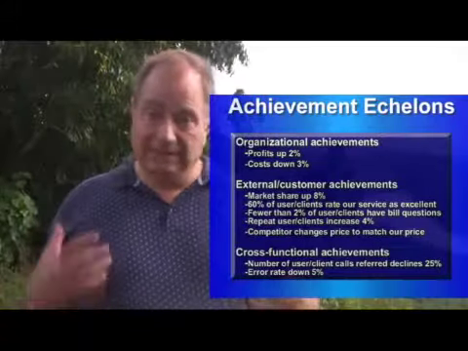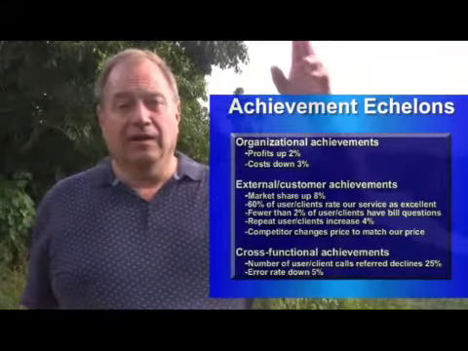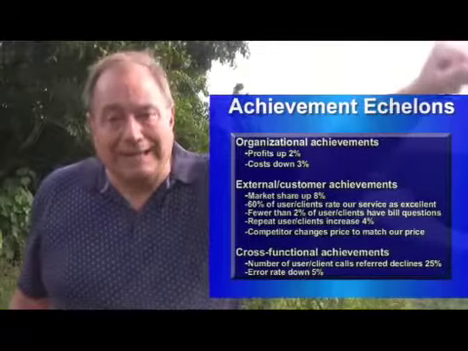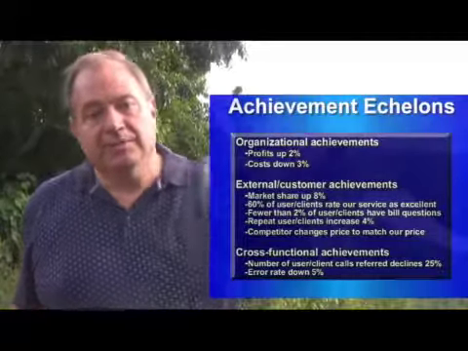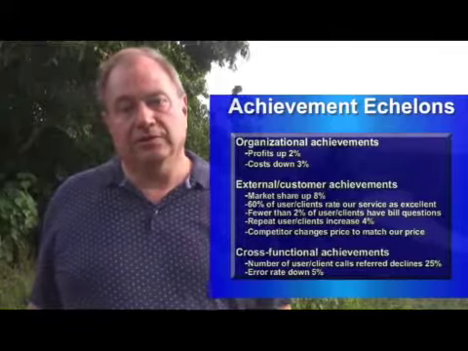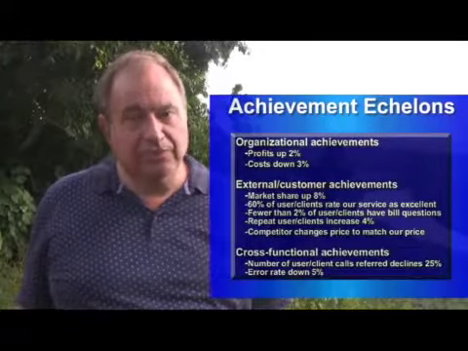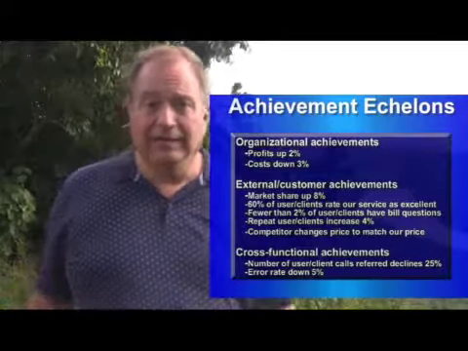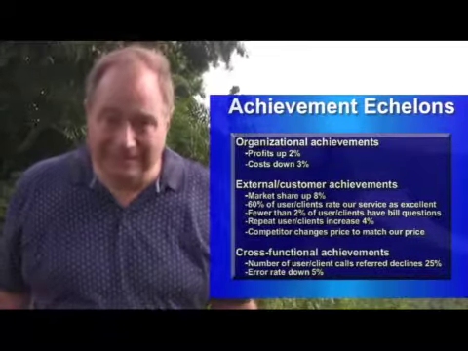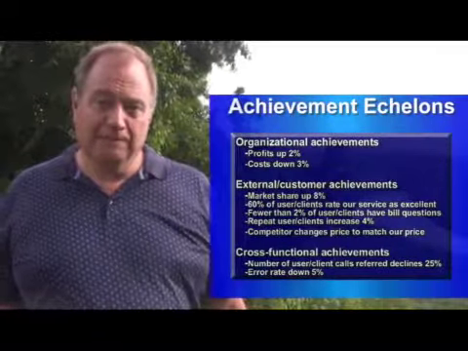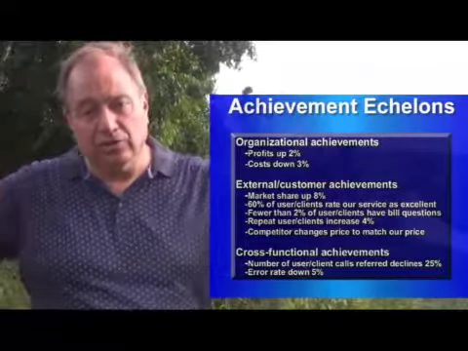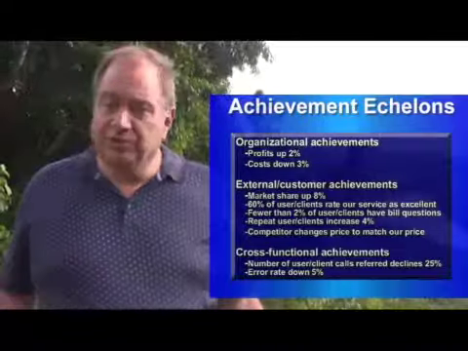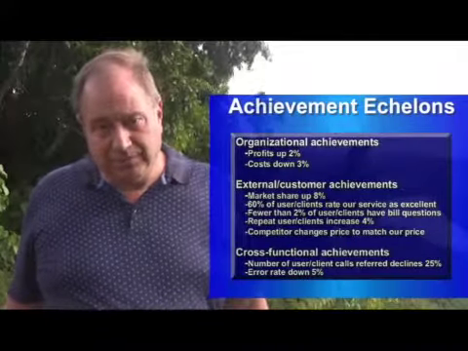Those are achievements like 90% of our customers are repeat customers in the 6 months after they make their initial purchase. Now that's an achievement we are measuring in the outside world. We're measuring customer behavior, and that is obviously extremely significant to have improvement in those external or customer level echelon achievements. So those are the ones we talk to senior management about.